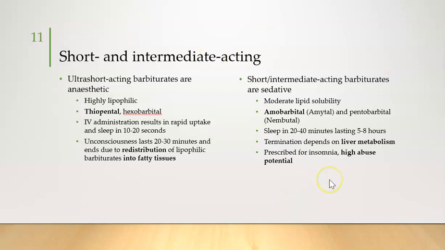Then we have our short or intermediate acting barbiturates. These have a more moderate lipid solubility. A great example would be amobarbital or pentobarbital. Here, sleep takes about 20 to 40 minutes, but it can last for 5 to 8 hours. So you can probably understand why these short intermediate barbiturates have been prescribed for insomnia, because they help you fall asleep and stay asleep a long time.